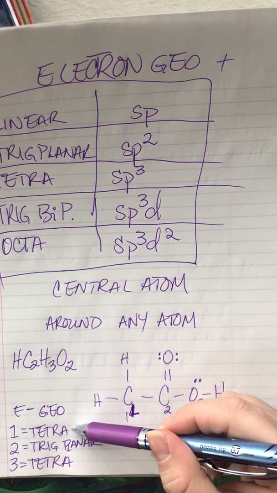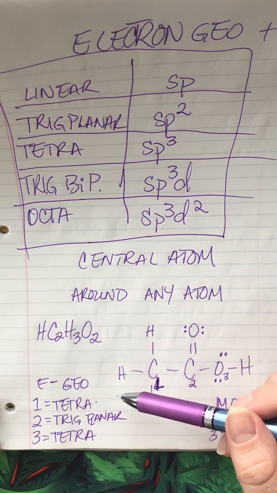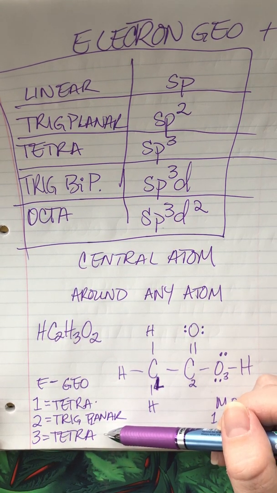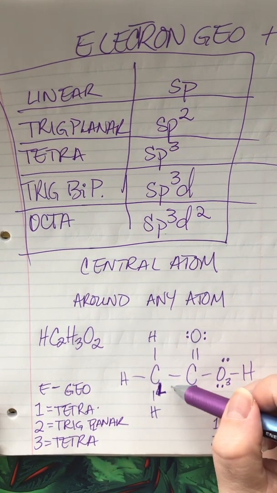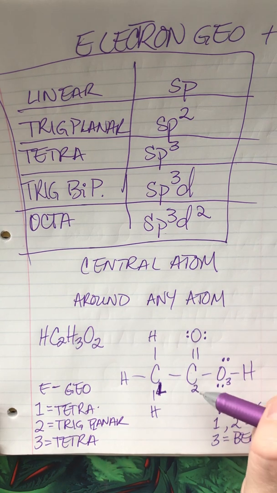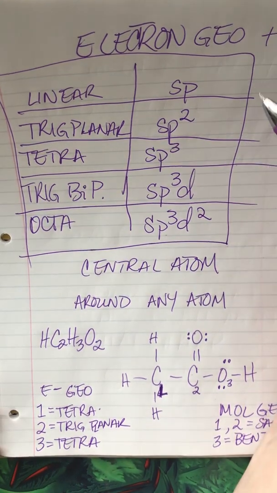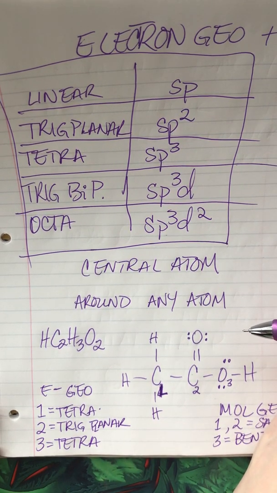So tetrahedral has what hybridization? sp3. Trigonal planar, sp2, and tetrahedral, sp3, right? So in the same way that we can talk about the geometry around each one of these guys, we can also talk about the hybridization around each one. Does that make sense?